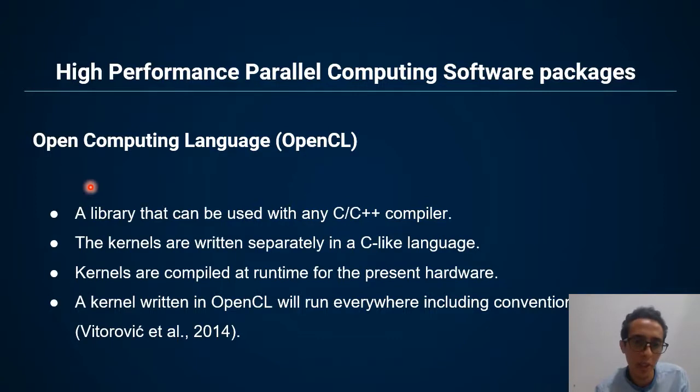So OpenCL is basically a library that can be used with any C or C++ compiler. OpenCL programs are compiled into kernels, and those kernels are written separately in a C-like language. And those kernels are compiled at runtime for the present hardware.